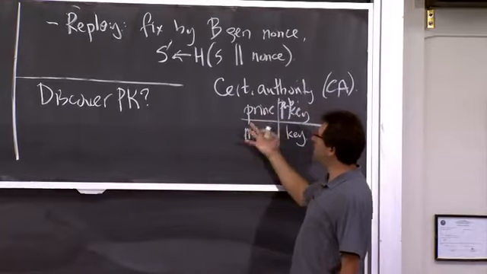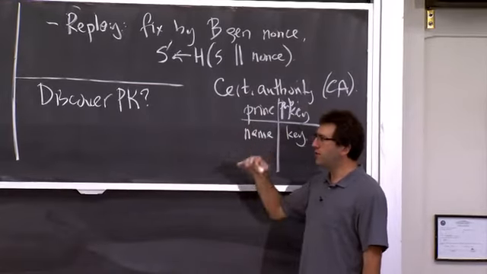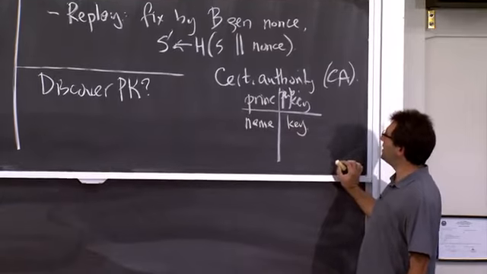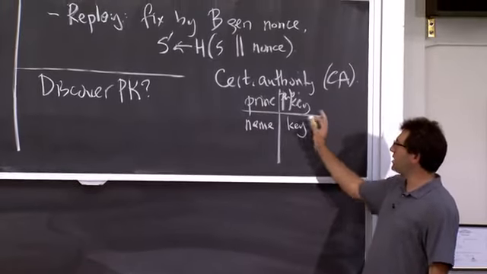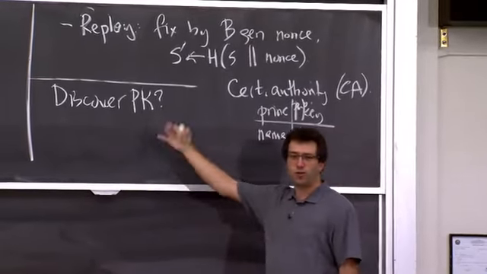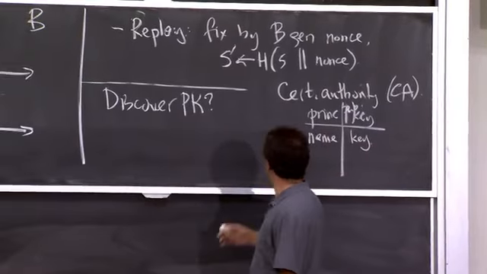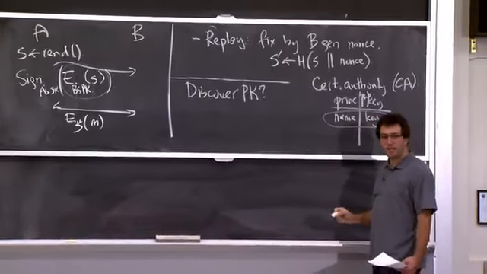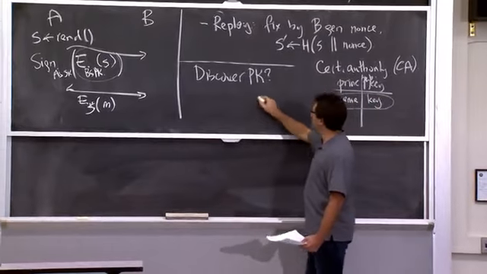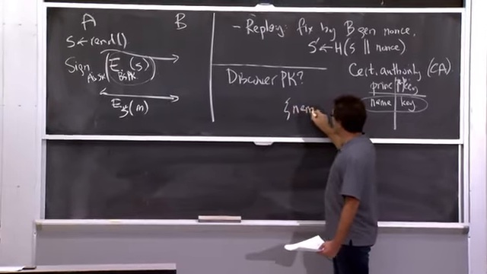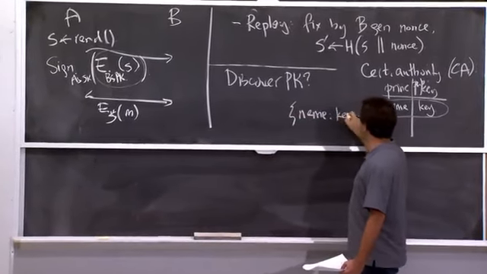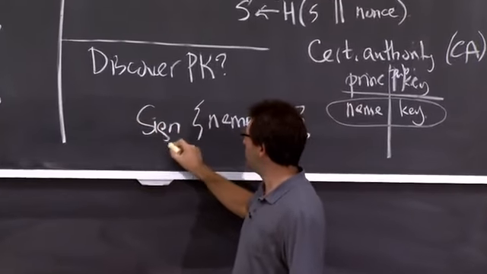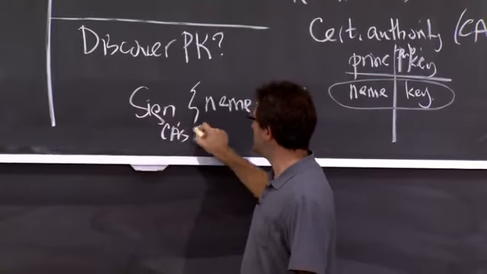So the certificate authority is going to have its own secret and public key here. And it's going to use the secret key to sign messages for other users in the system to rely on. So suppose you have a particular entry like this in the CA's database, then the CA is going to sign a message saying this name corresponds to this public key, and it's going to sign this whole message with the CA's secret key.